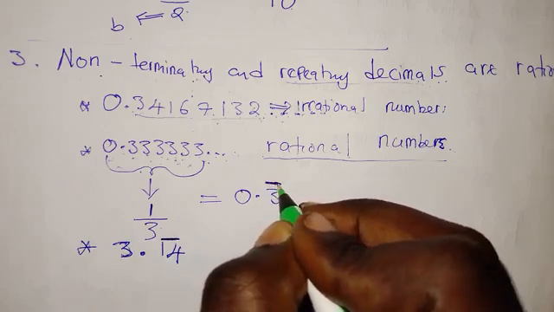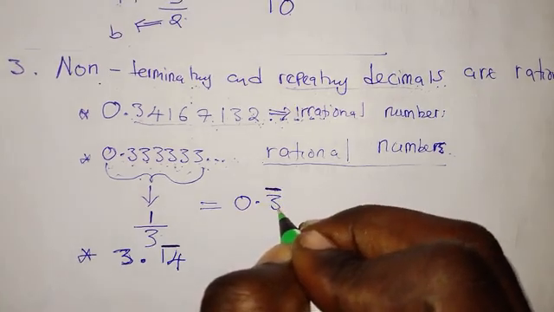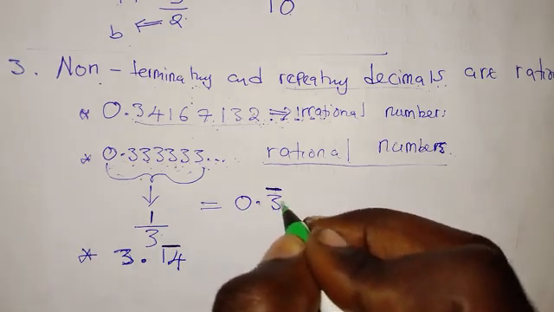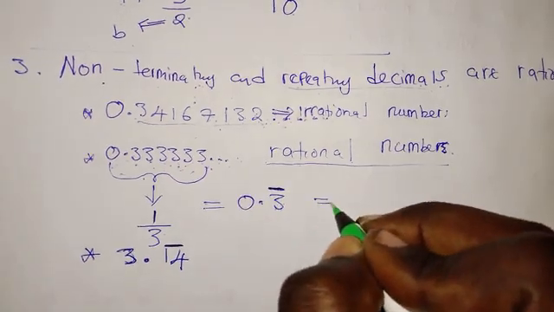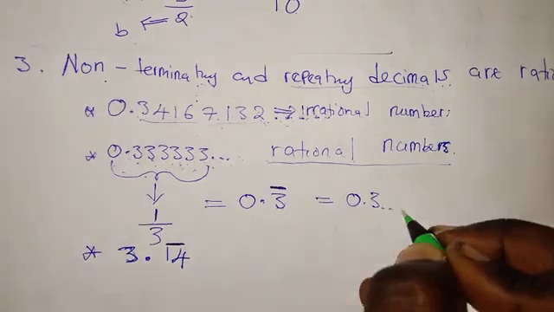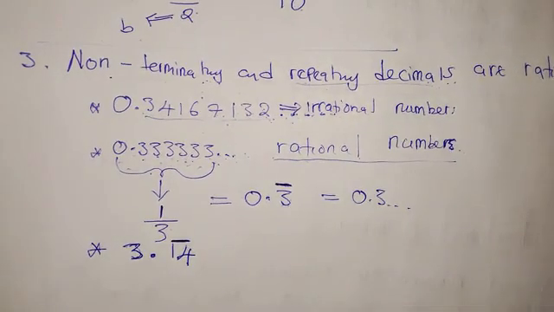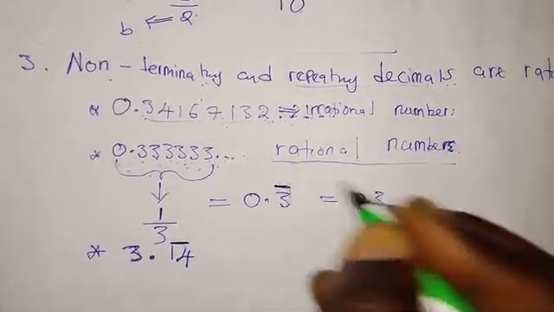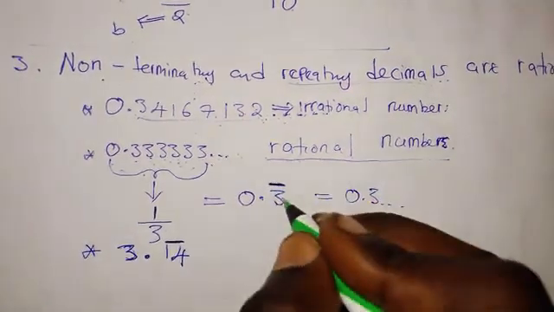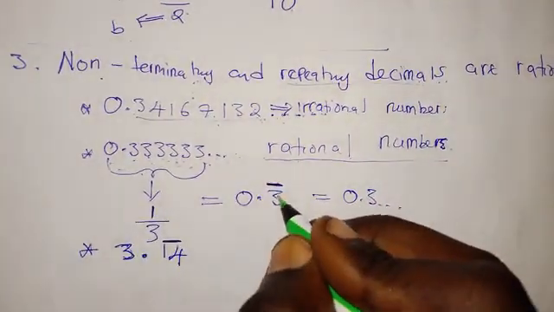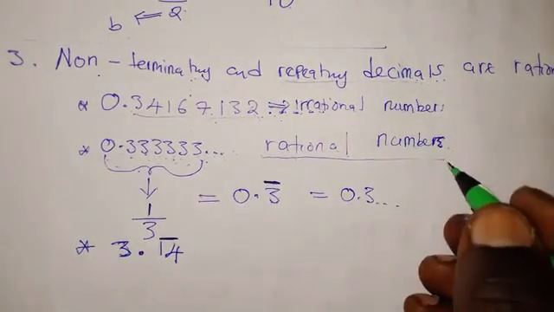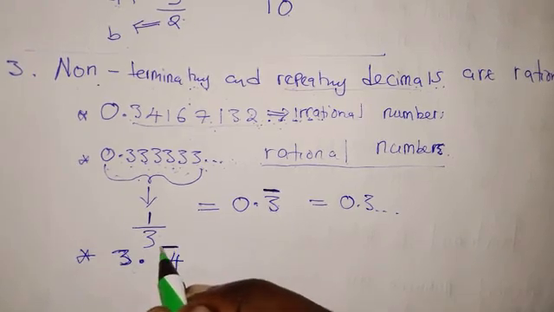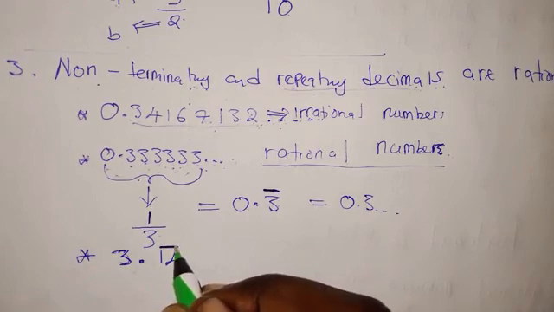This bar is an indication that the 3 here is a repeating decimal. Others will prefer writing 0.3 dash, or 0.3 continuous, something like that. But mathematically, we mostly embrace the bar on top to indicate that this 3 is a repeating decimal. But when you look at the other example, 3.142, the bar here is running from 1 to 4.